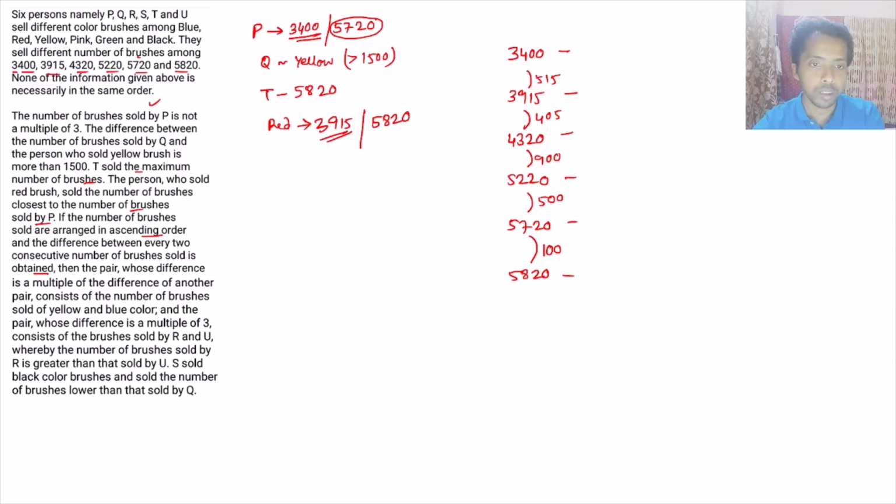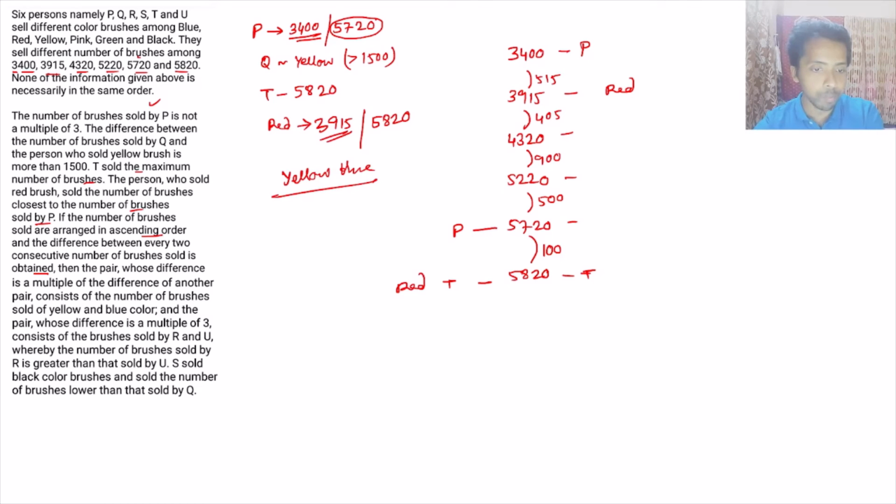Now, just fix this. T is 5820, right? If P is 3400, then red is 3915. And if T is again 5820 and P likes 5720, then red is this one. Now we have to deal with the yellow and blue condition.